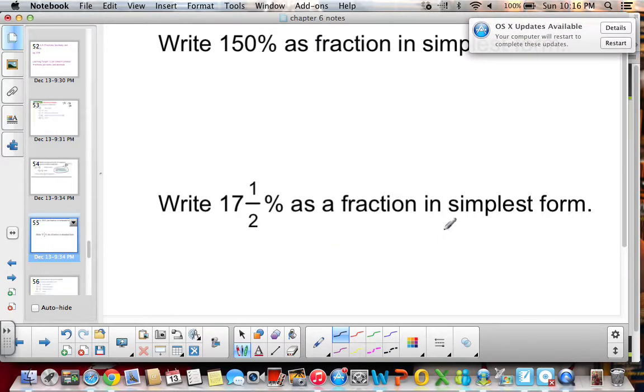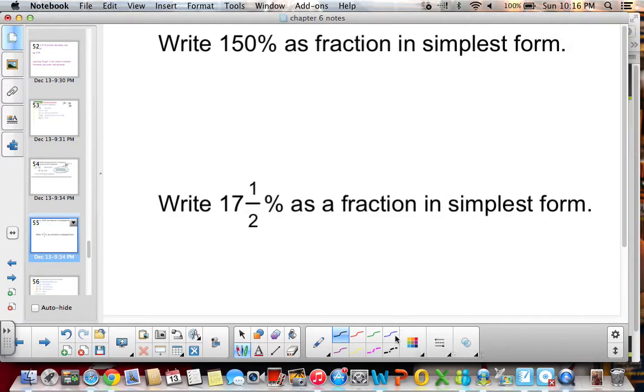So 150%, we can rewrite as 150 over 100. And then if we simplify that, I'm just going to drop my 0 in both of the ones place. So 150 100ths is the same as 15 tenths.